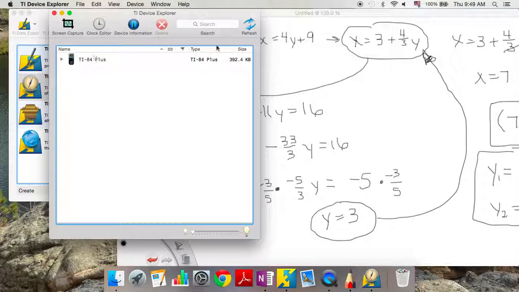We found that it was this 0.73, so it should be over in that direction. Zoom in there.